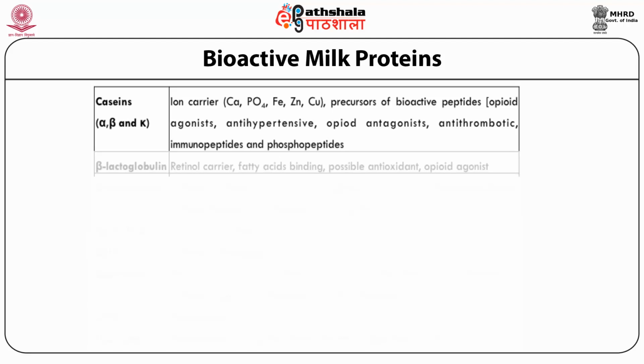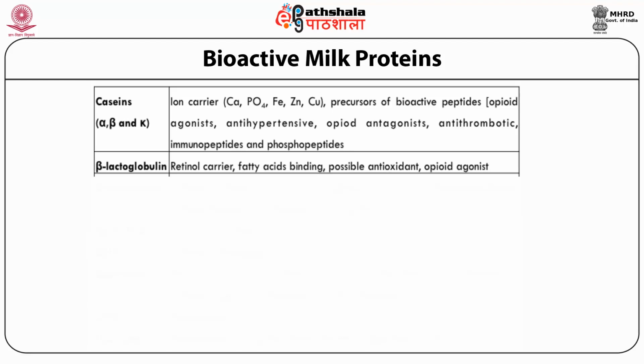Next milk protein is beta-lactoglobulin. Its functions are it acts as retinol carrier, fatty acid binding protein, possible antioxidant peptides, and opioid agonist peptide beta-lactorphin.